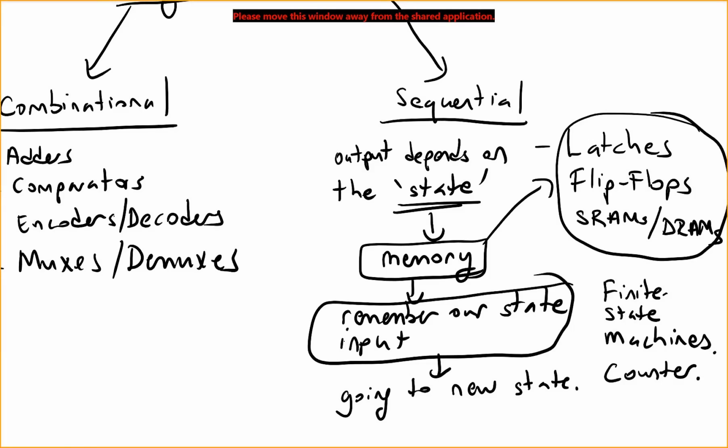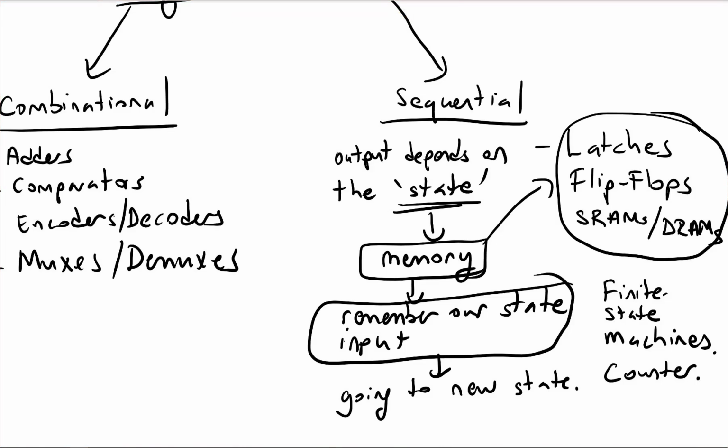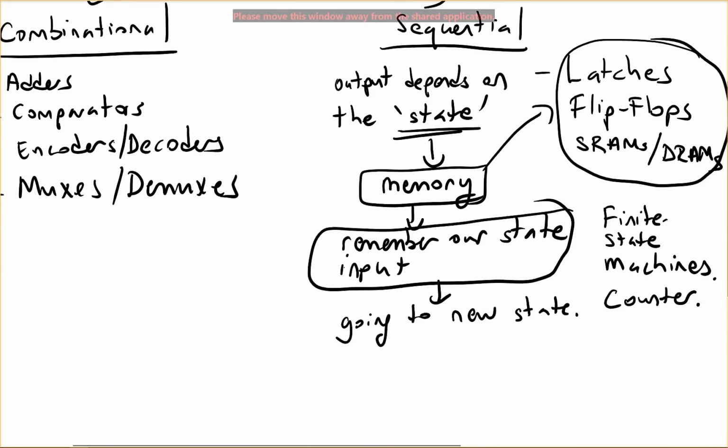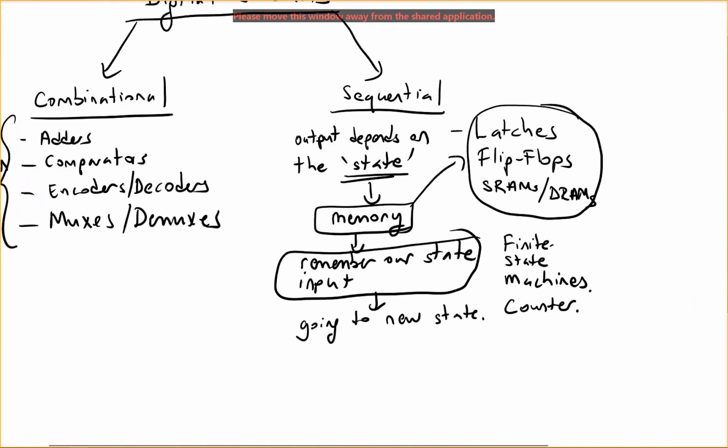You are remembering the current state, and then based on some inputs, after some time, you are switching to another state and counting upwards. So basically in sequential circuits, we are periodically doing some operation.